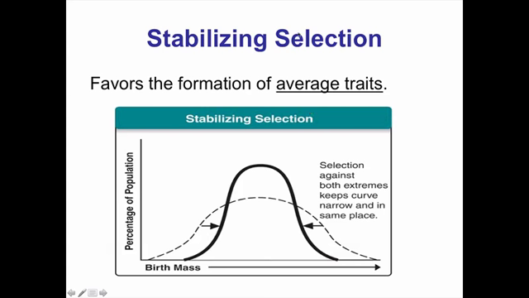All right. In stabilizing selection, I'm going to use humans as an example here. Stabilizing selection is when there are conditions that favor the average more than the extremes. Okay? So if we look at the dotted line, that represents the original bell curve. Here we're talking about the size and weight of babies when they're born.